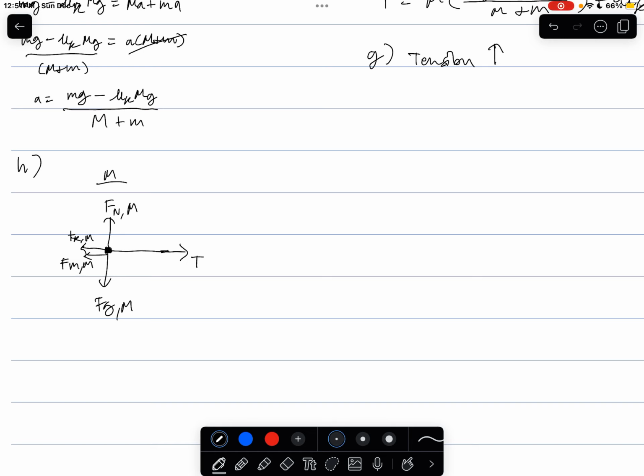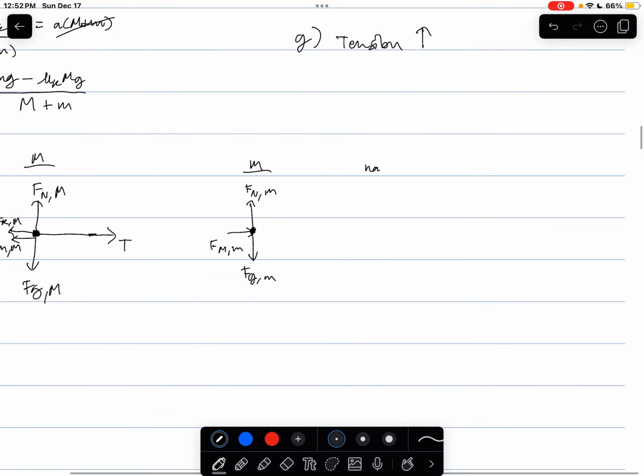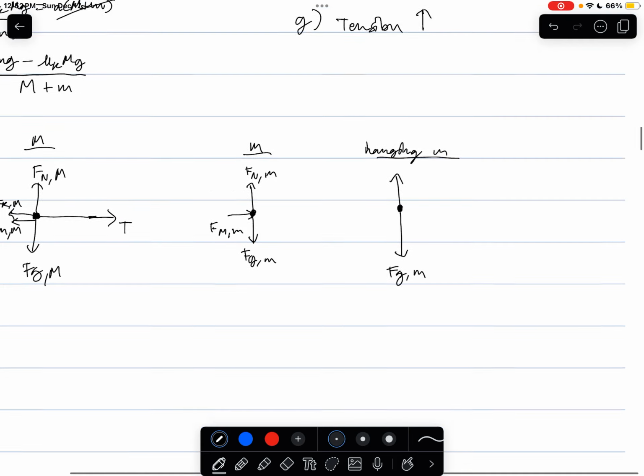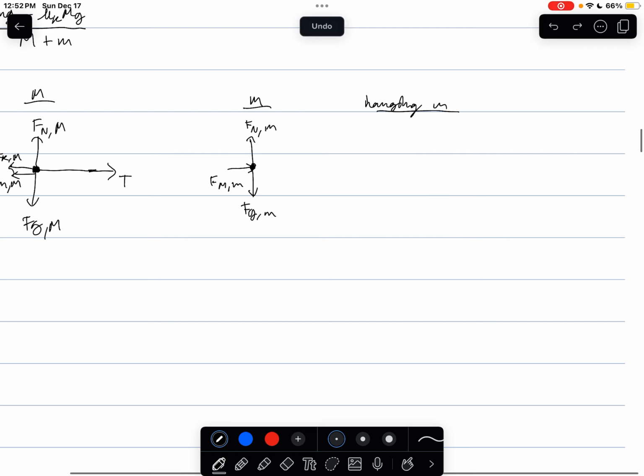And then for the small m, there's Fg of m, Fn of m, and there's also the contact force from big M. And then for the hanging block M, it's going to look like Fg is greater, and then T should, wait, I have to draw the same T before.